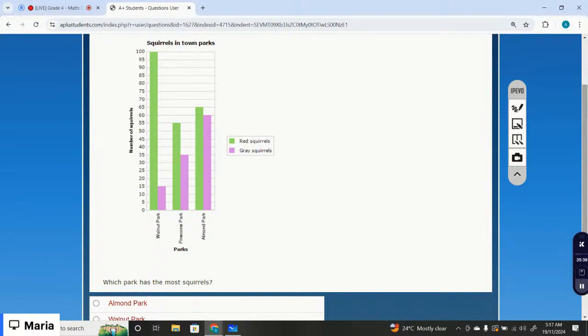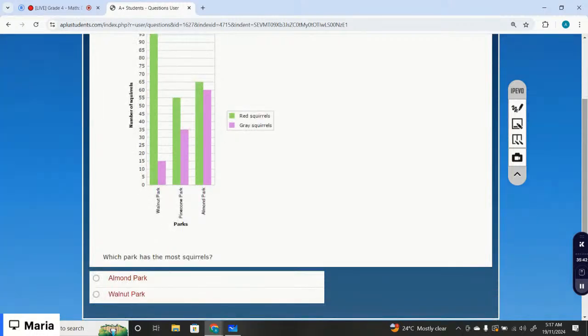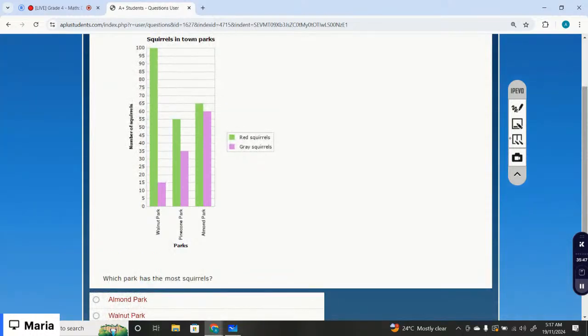The Almond Park, you need to add both. The red squirrels are 115, so 115 they make. But when you add for Almond Park, that makes 65 and 60, 125. Almond Park is the correct option.